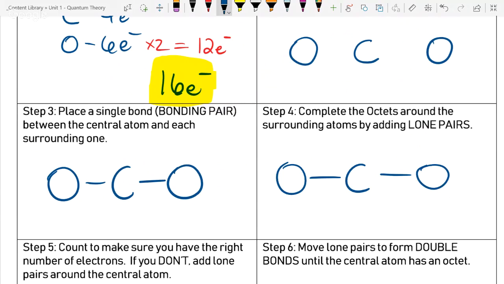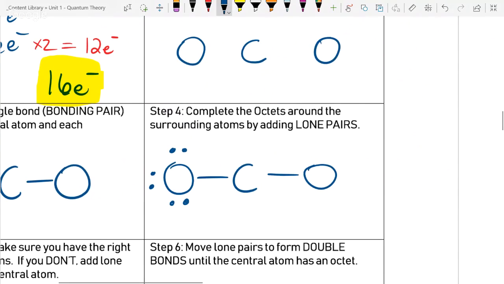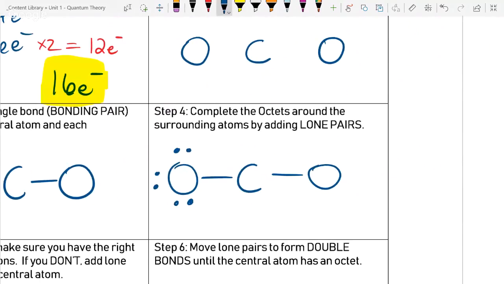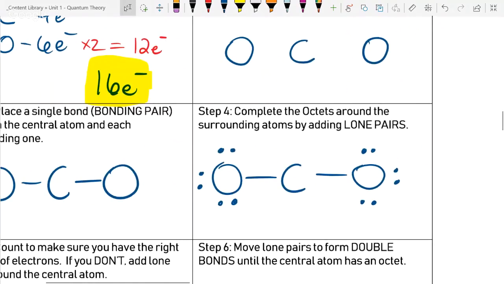So we are going to top this up to 8. 1, 2, 3, 4, 5, 6. And then this bond counts as 2, right? So this oxygen now has 8. Does that kind of make sense? What's this oxygen going to look like? The same. 1, 2, 3, 4, 5, 6. And then this counts for 2, so we're up to 8.